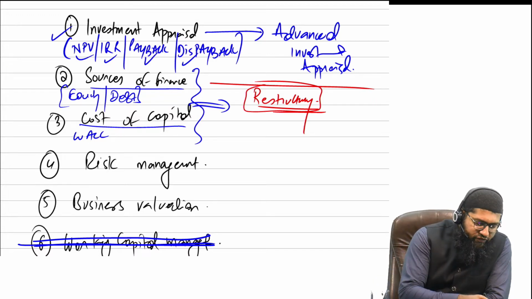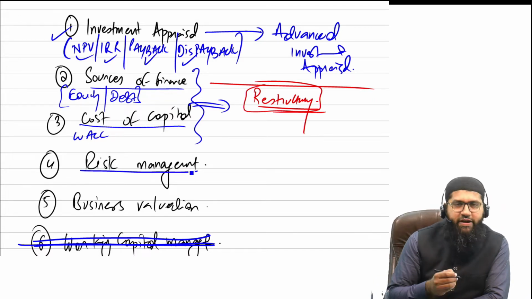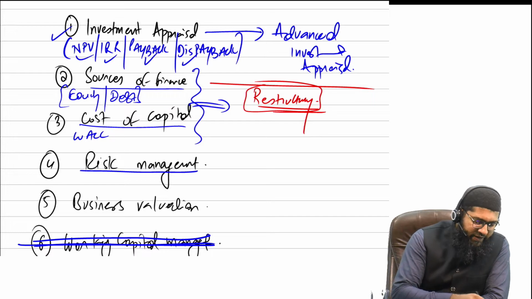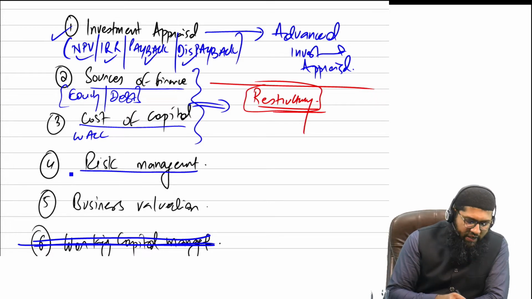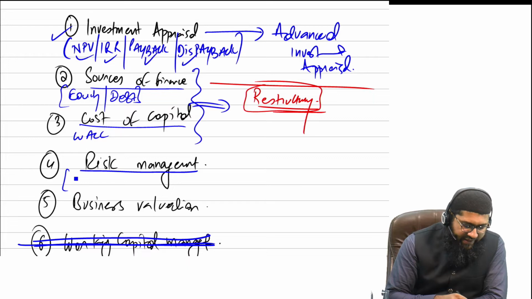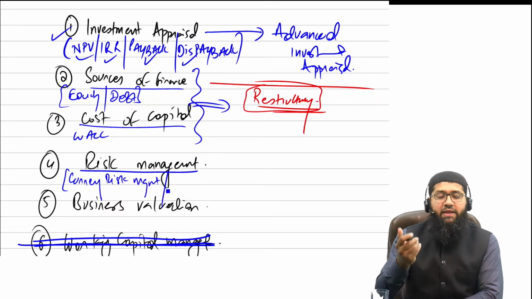Then you study the risk management. What do you study in the risk management? We study all different types of things. We have talked about the different currency risk management techniques, including the forward contract and the money market hedge.